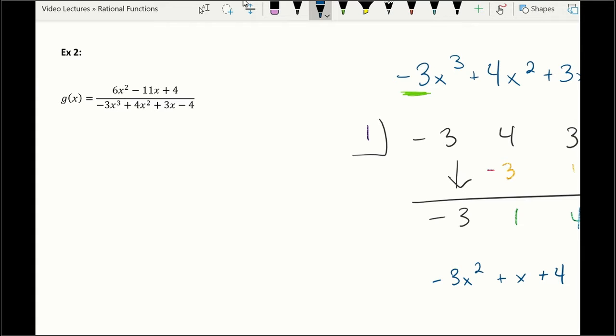I'm looking for 2 numbers that multiply to be -12 and add to be 1. And I think there aren't very many options, so we can just jump to it. All right, -3 times 4 is -12, and those add to be 1.